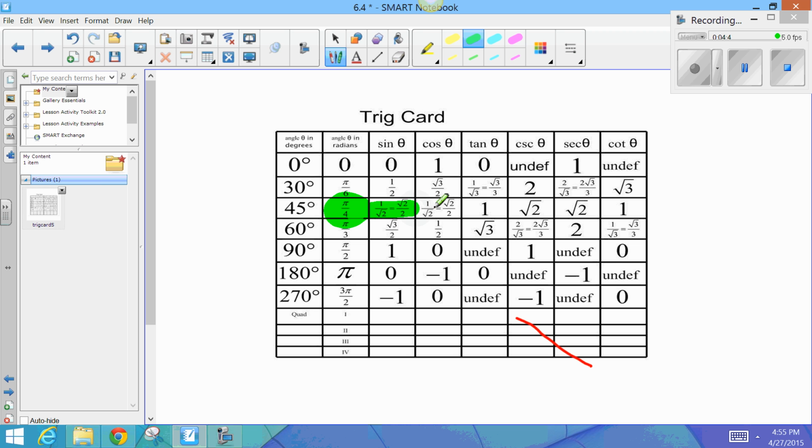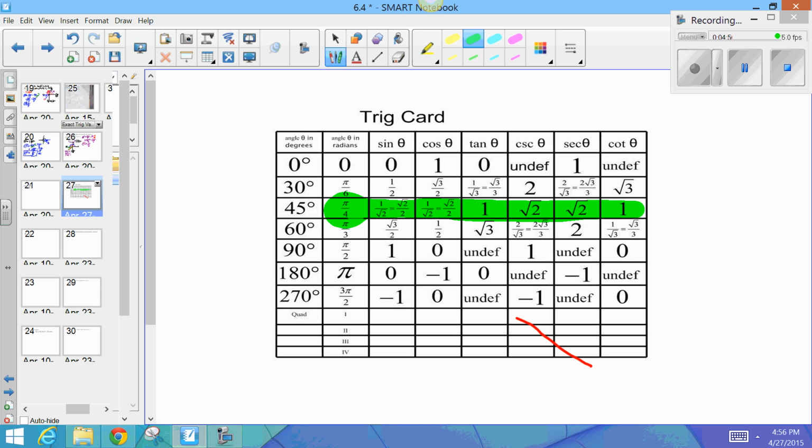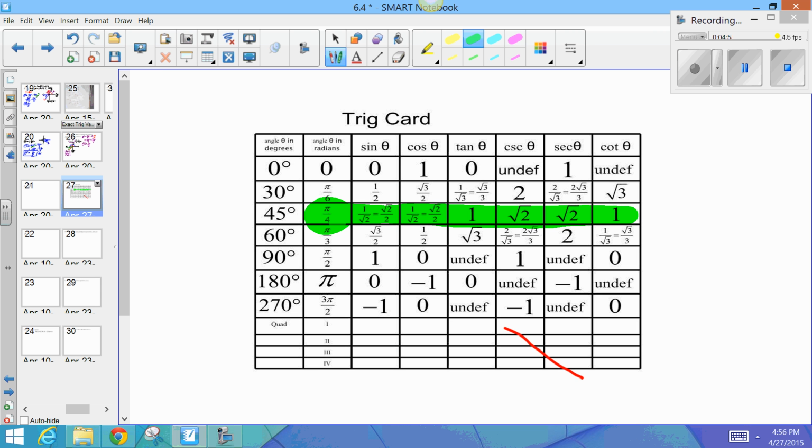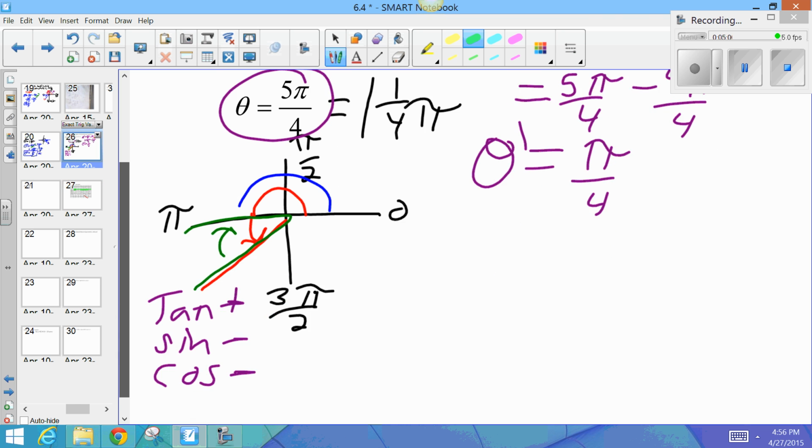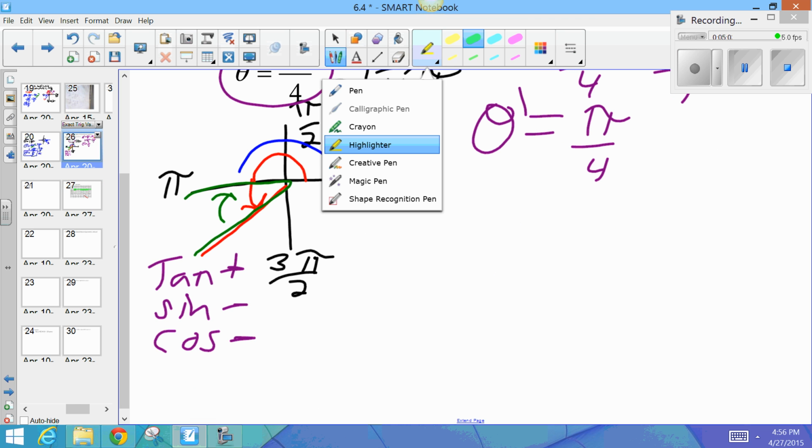My 6 trigonometric ratios, the absolute values of my 6 trig functions of 5 pi over 4, are going to be all on that pi over 4 line.